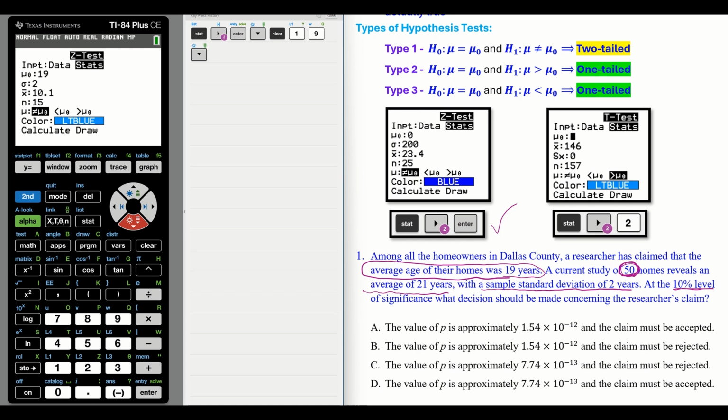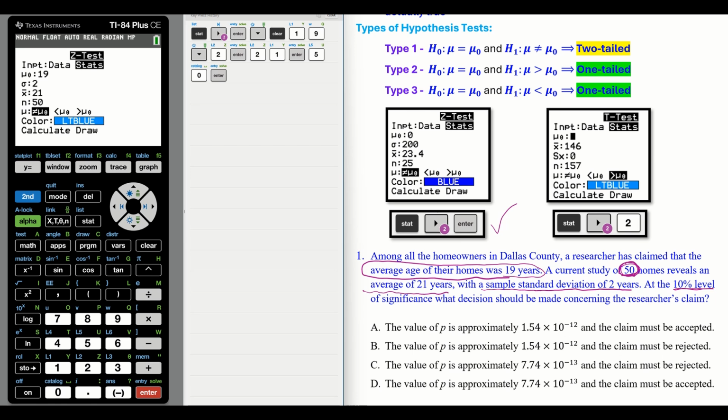But now the rest of this is our new information. So that new information, a current study, we have a deviation of 2. Now we have a new mean. Well, they're saying, hey, it's 21. It's different. Okay. Now our N, our sample size, is 50.